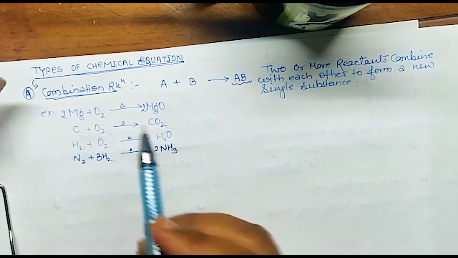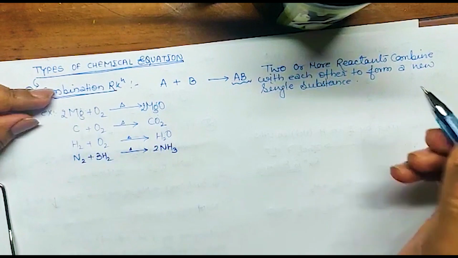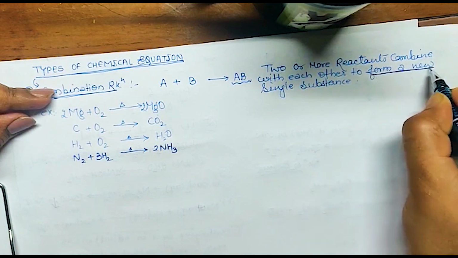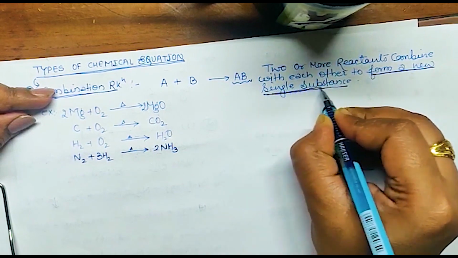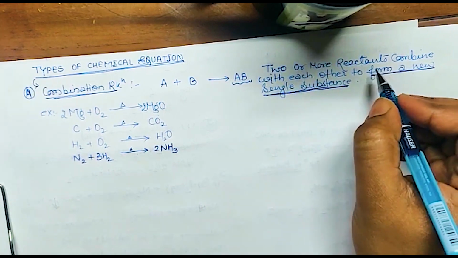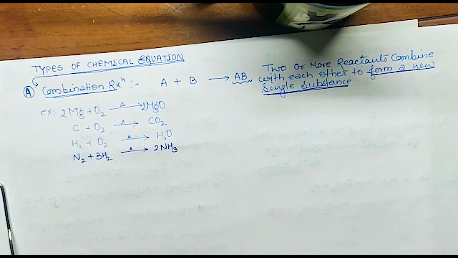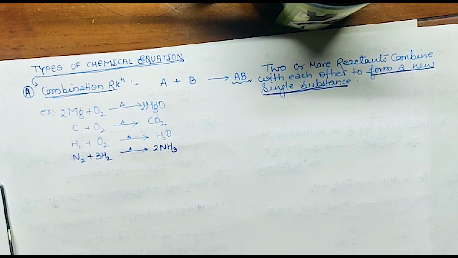Combination says that it forms a new single substance. This is called combination. And combustion says that if any substance is heated in presence of oxygen, it is known as combustion reaction. Got it?